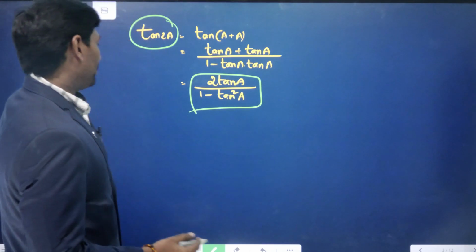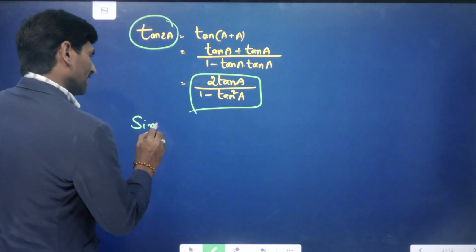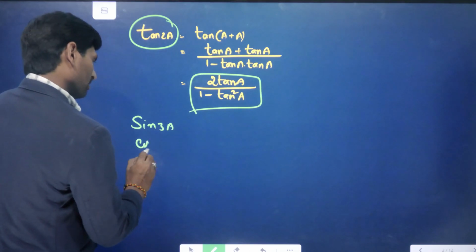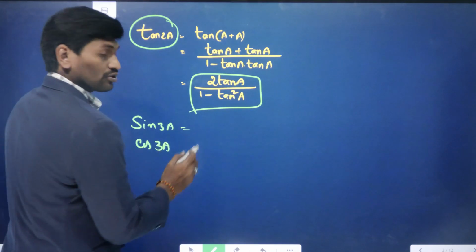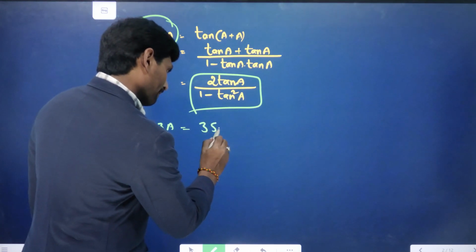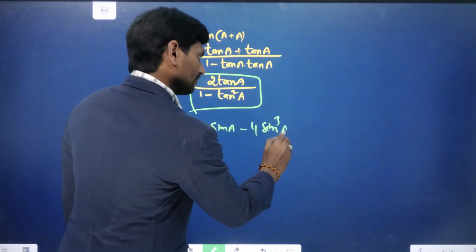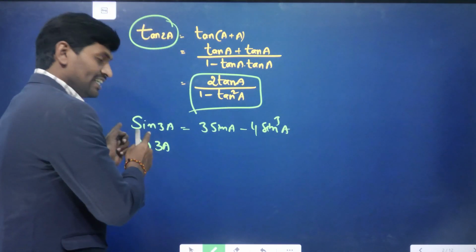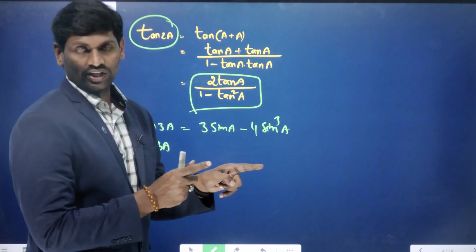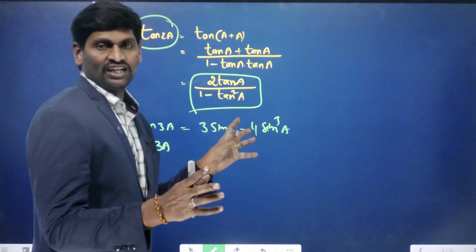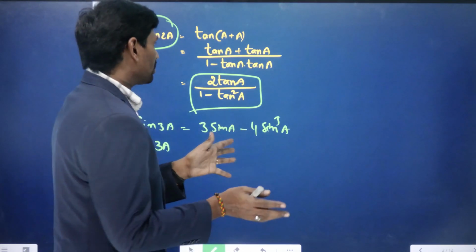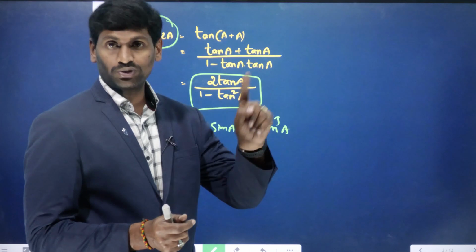Okay. Same way, just remember the formulas of sin 3a, cos 3a also. So the sin 3a formula is 3 sin a minus 4 sin cube a. Or we can write sin 3a as sin of a plus 2a. Substitute and expand that sin a plus b formula, and in the place of sin 2a, you can use the formula 2 sin a cos a.